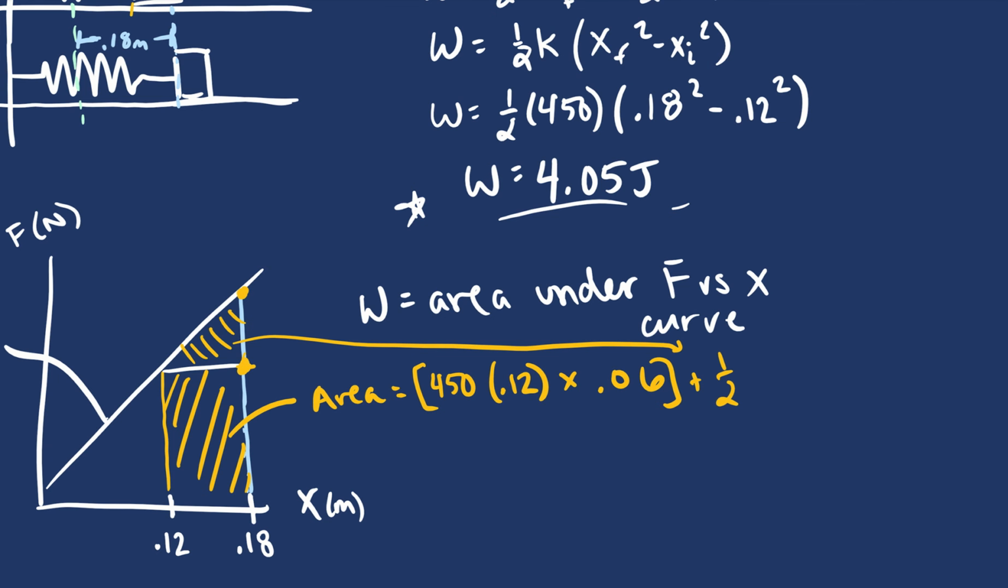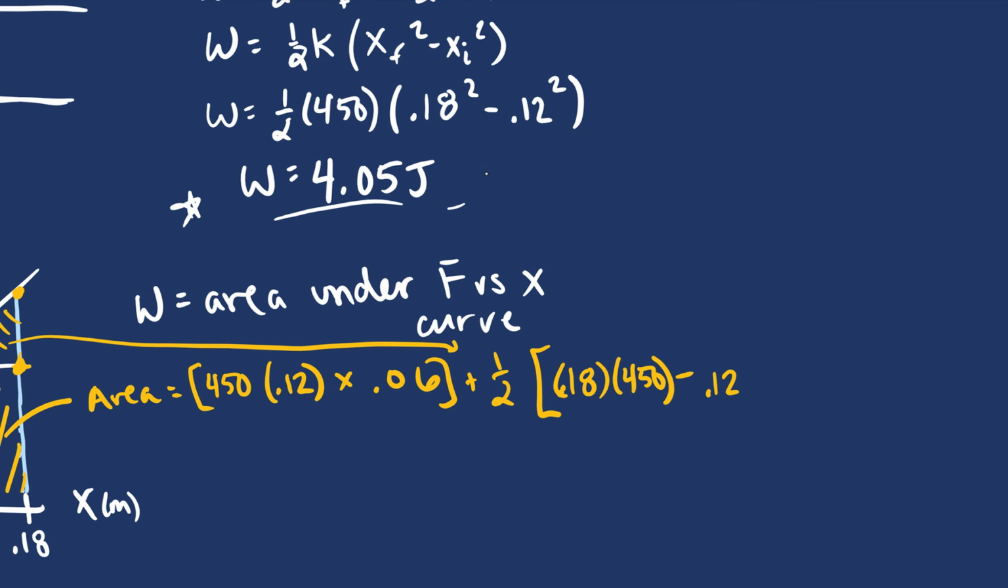So this top point is going to be 0.18 times 450 minus 0.12 times 450.